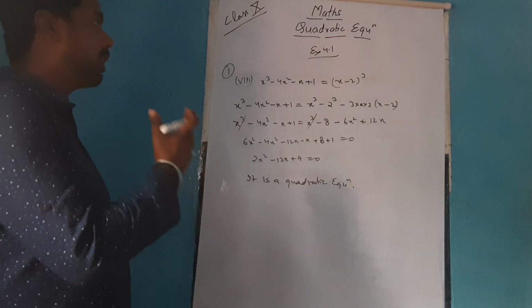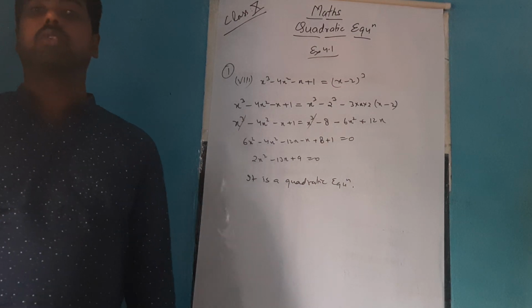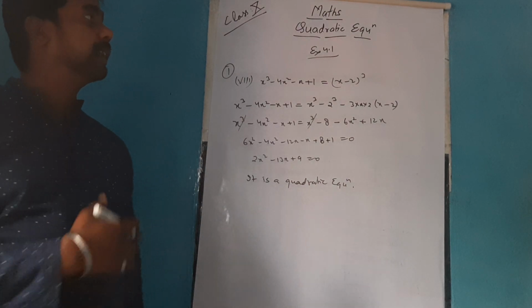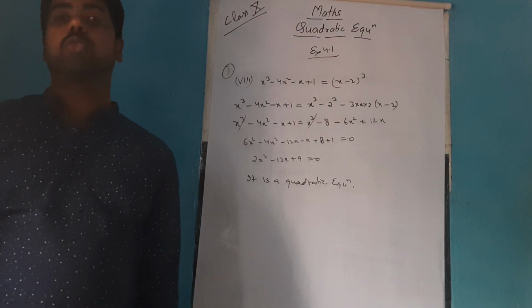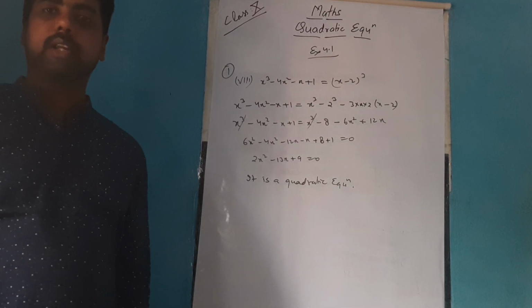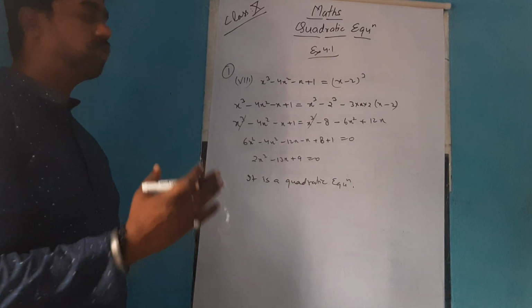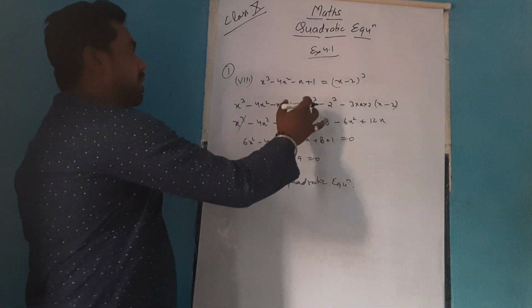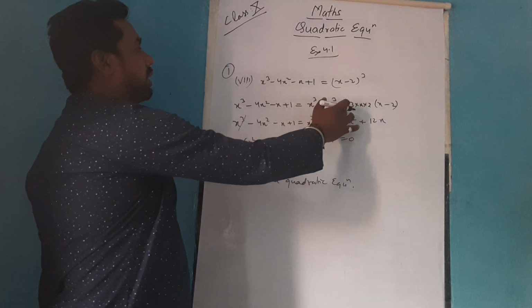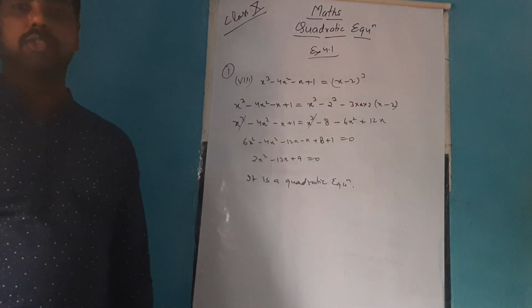We'll see it again. The left side of the given question was already in the form of a cubic and the right side was given in the form of a whole cube. So first of all we open the right side using a minus b whole cube, which is a cube minus b cube minus 3ab into a minus b.